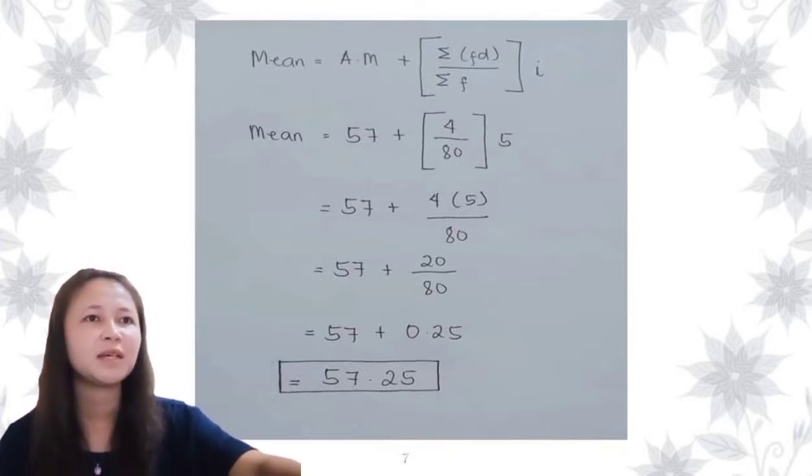So 57 plus 4 times 5 over 80. It's equal to 57 plus 4 times 5 is 20, and then copy the 80 here.